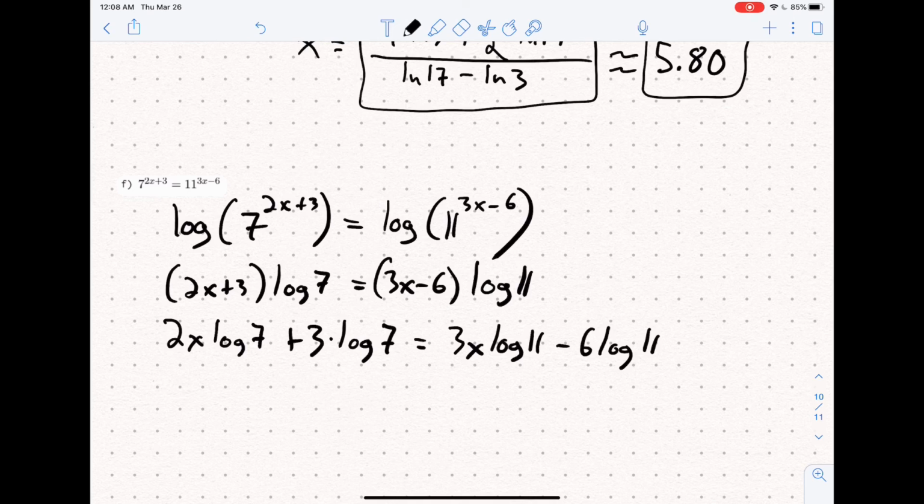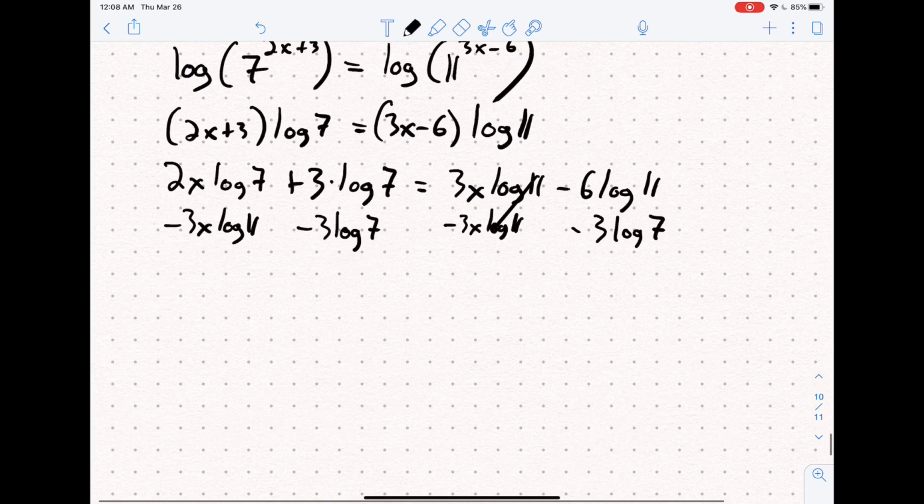Now, I move the terms that have x's in them to the left, and I move the other terms to the right. So I'm going to subtract 3x log 11 from both sides, and I'm also going to subtract 3 log 7 from both sides. Okay.